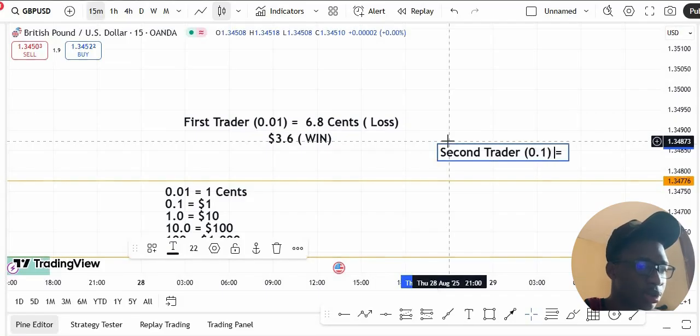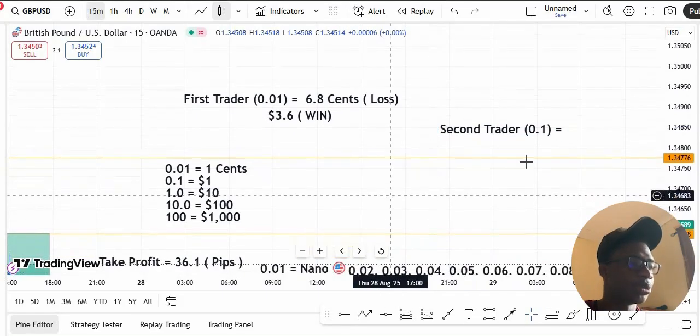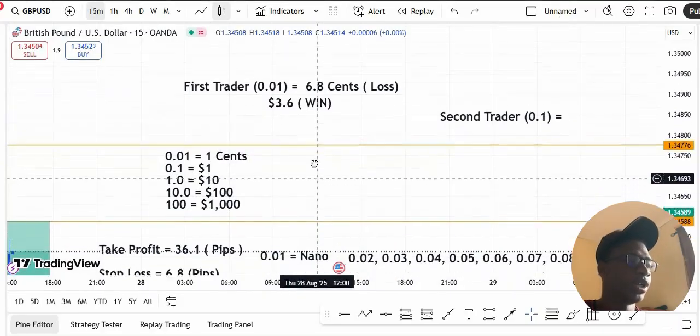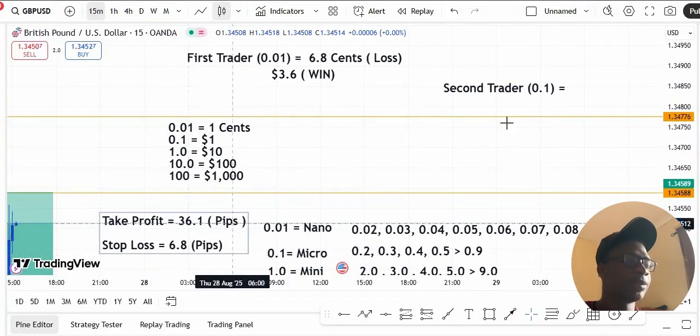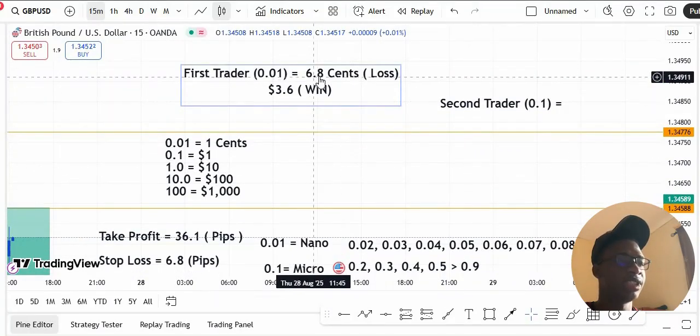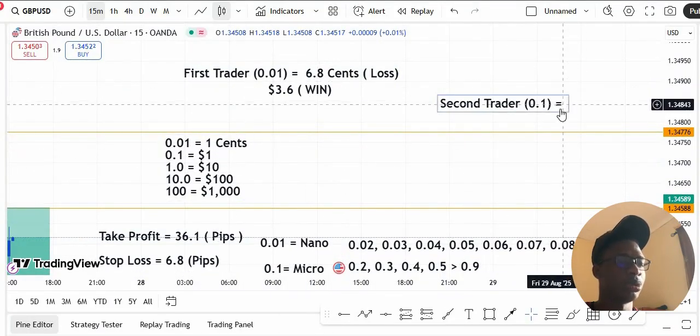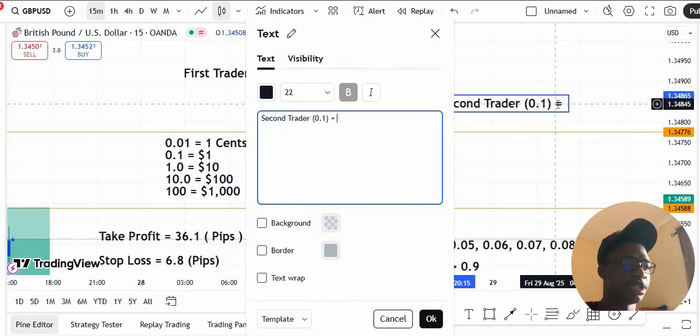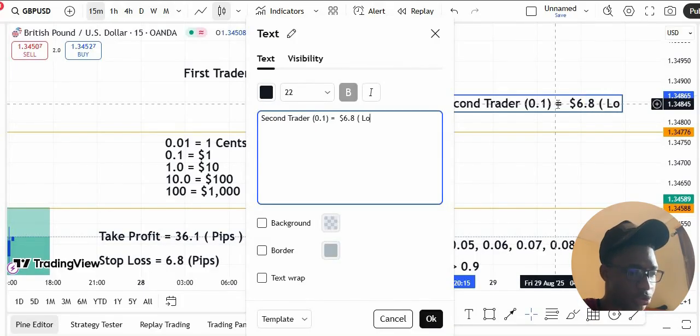And remember I said 0.1 is what? $1. So if we have 6.8 pips as the stop loss, that means this is 6.8 cents. So now it's going to be what? Can you guess that? It's going to be a $6.8 loss if it went into a loss, right?